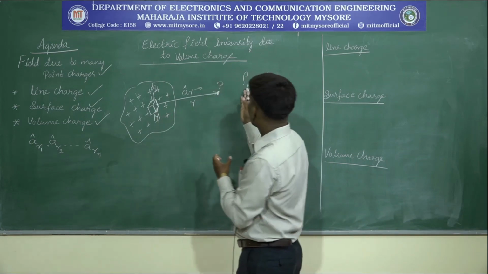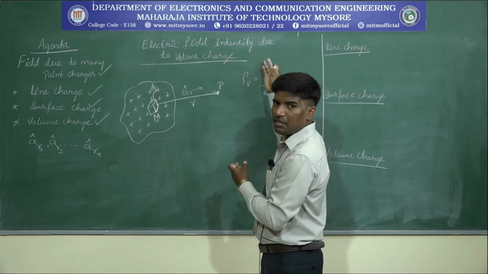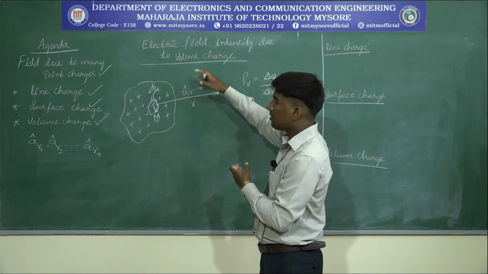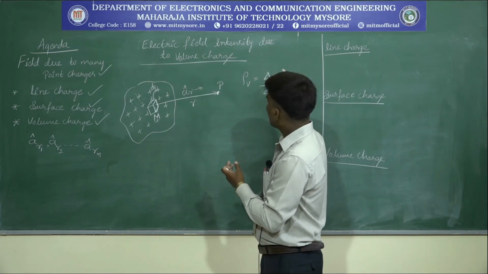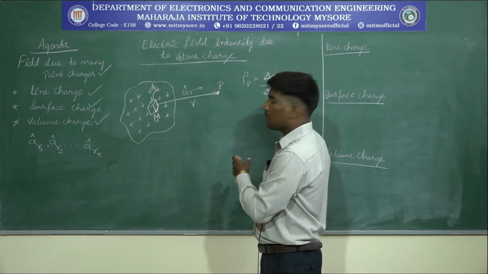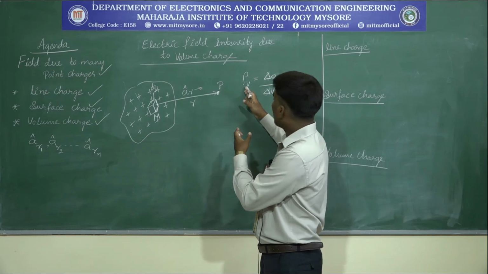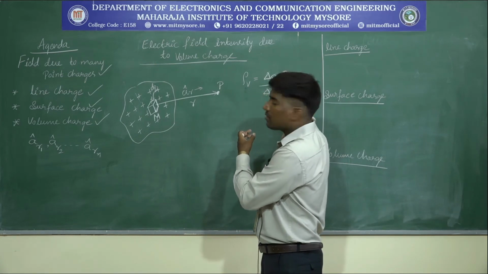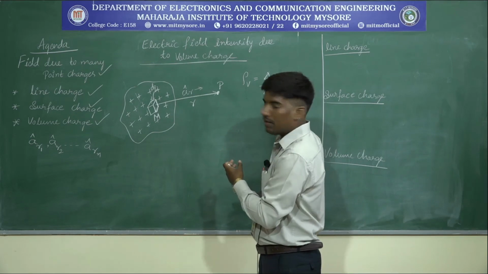So volume charge density is given by charge per unit volume. Line charge density, what we have seen in the previous case, is charge per unit length. Our surface charge for two-dimensional is charge per unit surface. But here, volume charge density rho v is given by charge per unit volume, dq by dv.